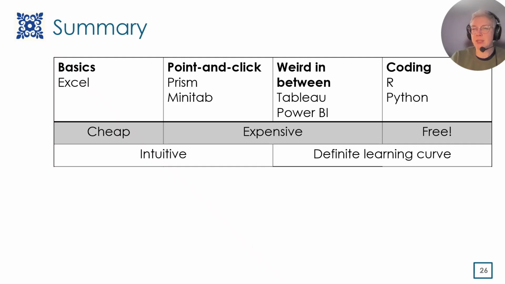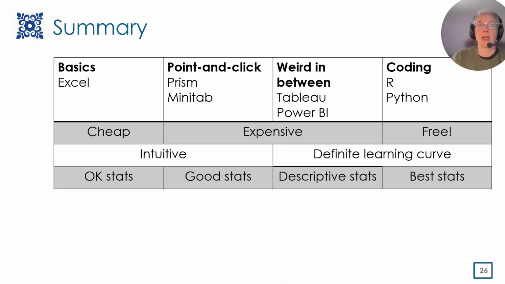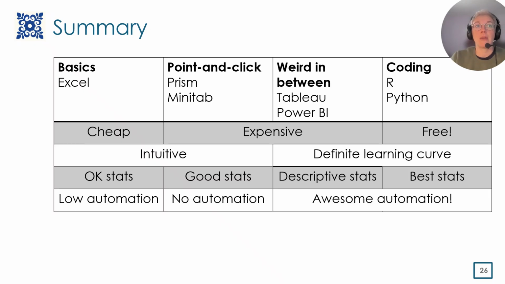If you're interested in something more approachable, more intuitive, then Excel and some point and clicks like Prism and Minitab are the way to go. If you want to do deep statistical analysis, you're better off with either some point and clicks or coding. If you need to automate some stuff, then that's going to have to be those fancy softwares, Tableau, Power BI, or coding. Although depending on the depth of automation that you need, Excel again is getting better and better on that.